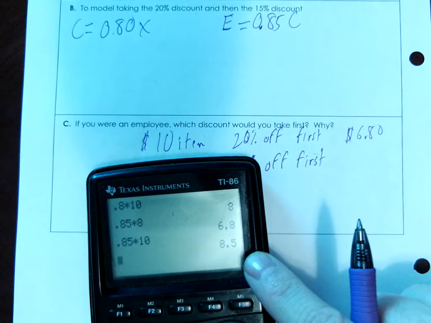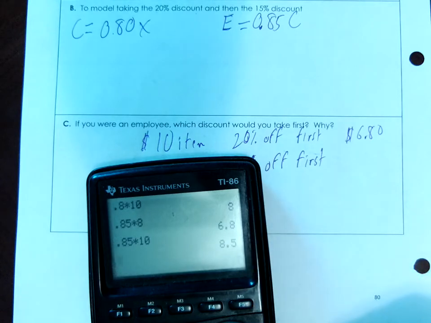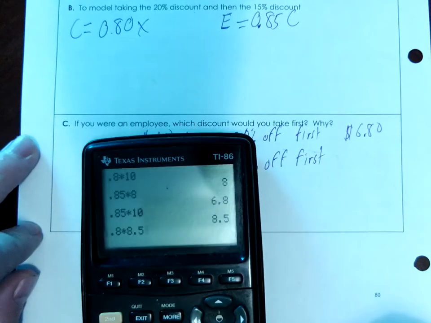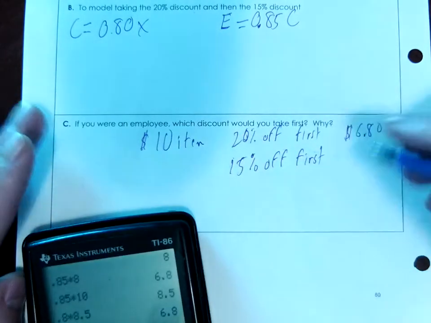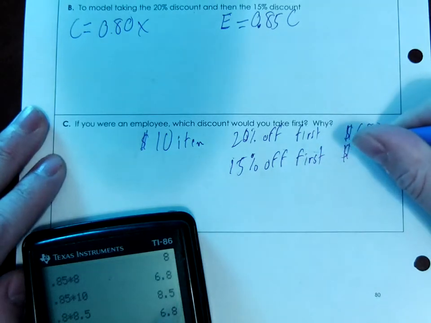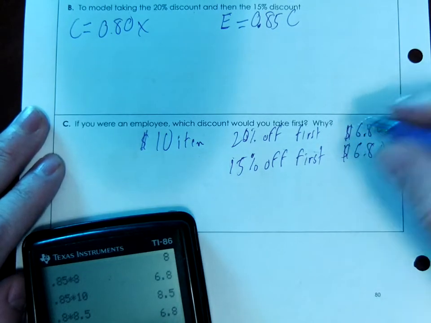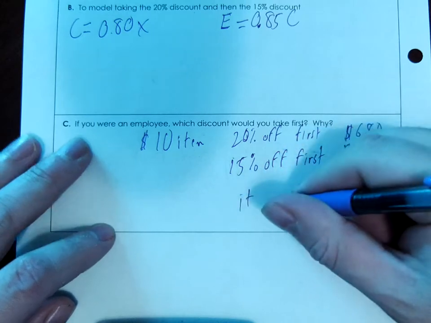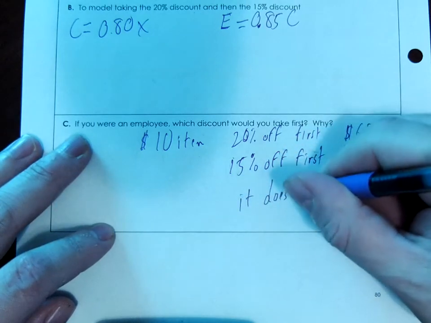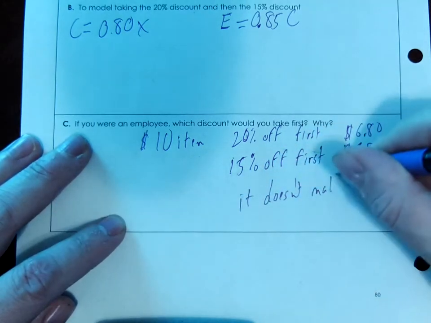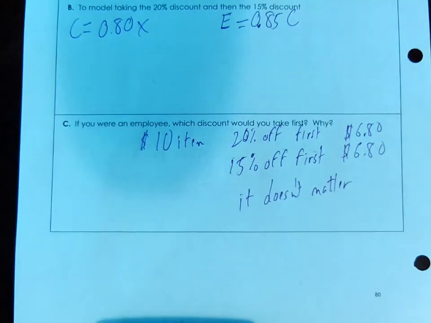And then let's take 20% off that, so we can just do 0.8 times 8.5, so it's a little bit easier to read. So what's that going to be? $6.80. So it doesn't matter which order we do the discounts in. It doesn't matter.